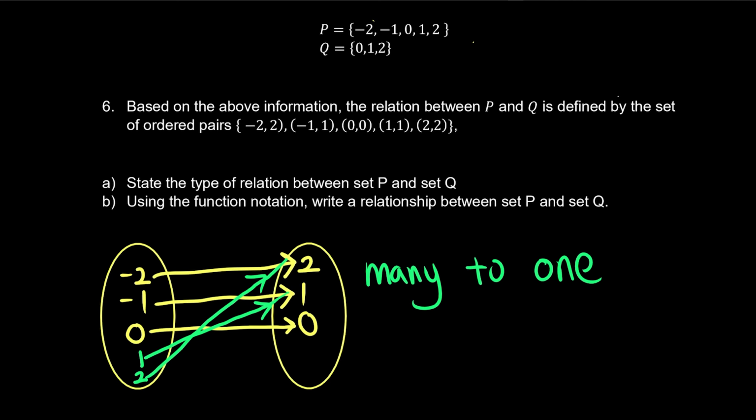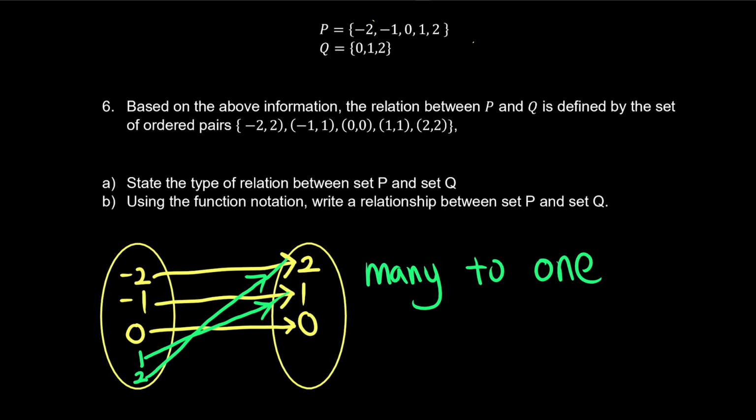Use the function notation. Write a relationship between P and Q. So how do we write down this one is, we know -2 becomes 2, -1 becomes 1. So eventually it turns all the negative things into the positive ones. So what is the function that turns all the negative numbers positive, so that even our grandma can understand?